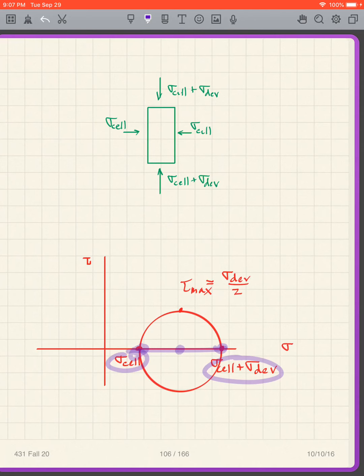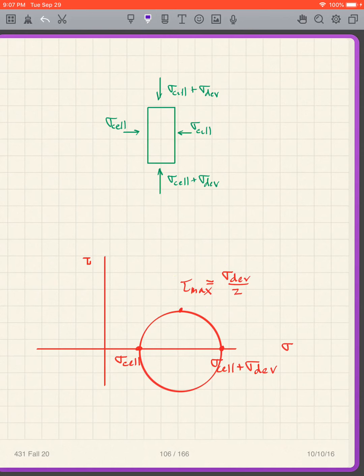I get the center. Well, I know that the radius is what? This radius is a sigma deviator. So if the diameter is sigma deviator, then the radius is sigma deviator over 2, and the radius is our tau max.